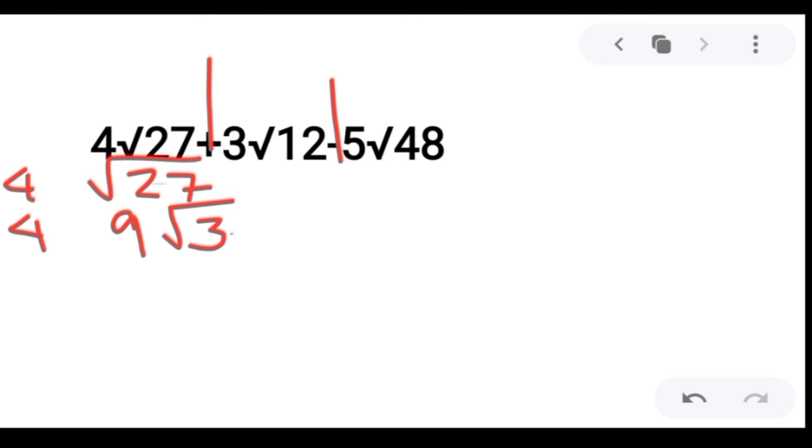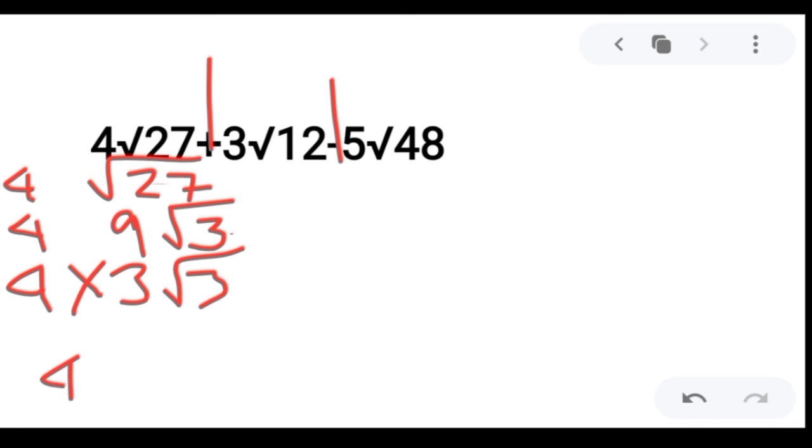Pwede pa natin i-simplify. So, 3 times 3 is 9. So, ito yung given natin. And i-multiply natin ito, 12. The answer is 12 square root of 3.